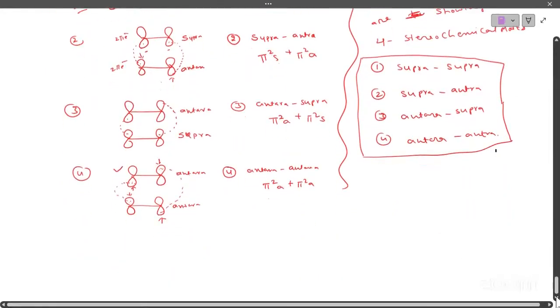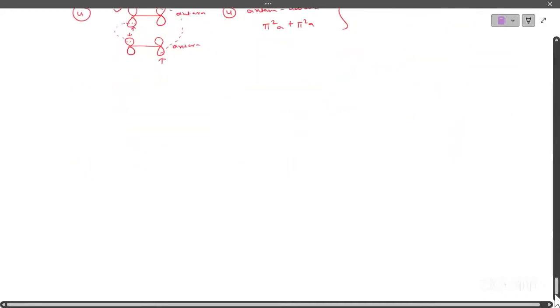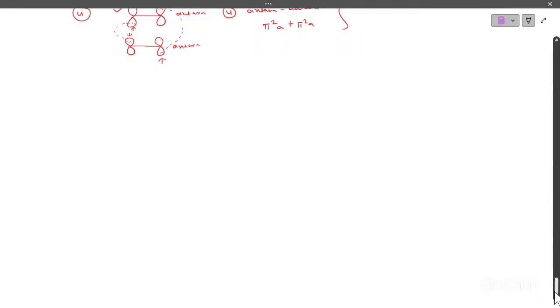Right. Now, I'm going to show some examples. First, you take cis-2-butene.